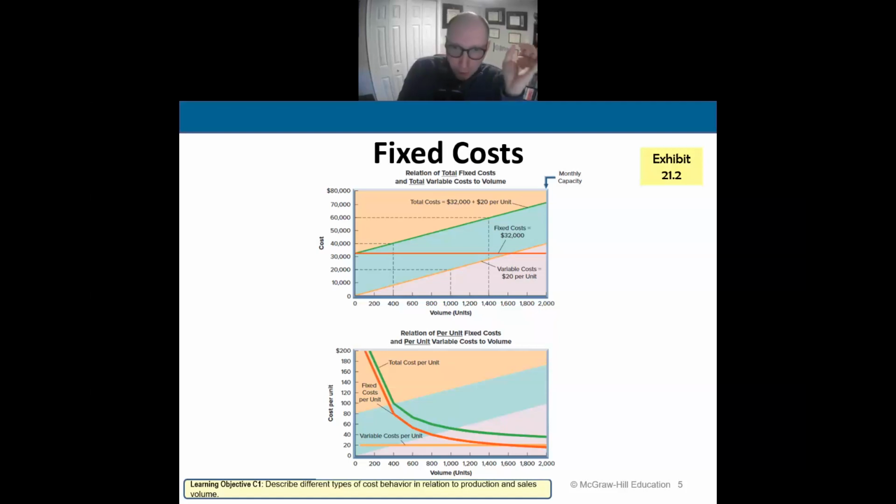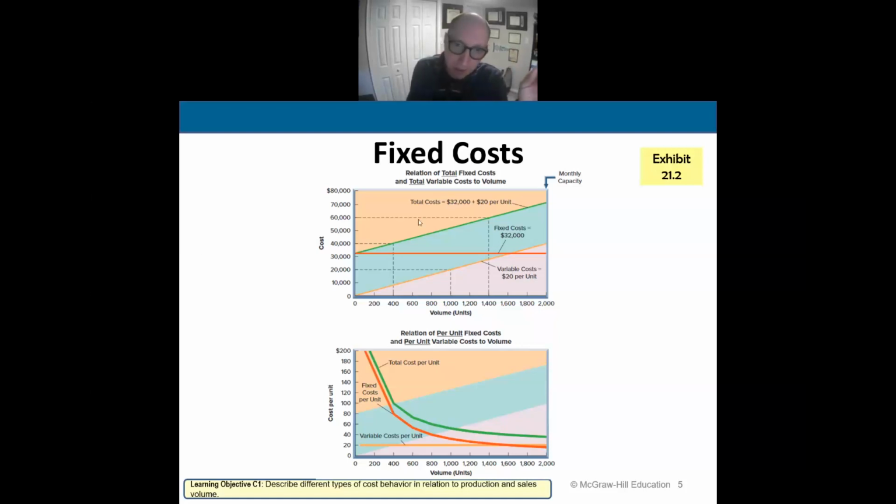So my total costs are $32,000 plus, so fixed cost plus the cost per unit. The more I manufacture, the more variable cost I'm going to have. That's what this first graph represents. It's the relation of the total fixed cost to the total variable cost as volume increases.